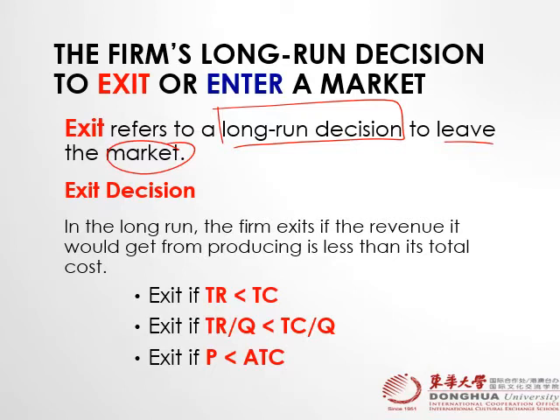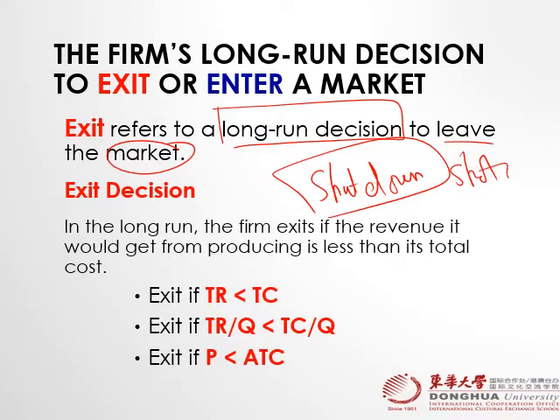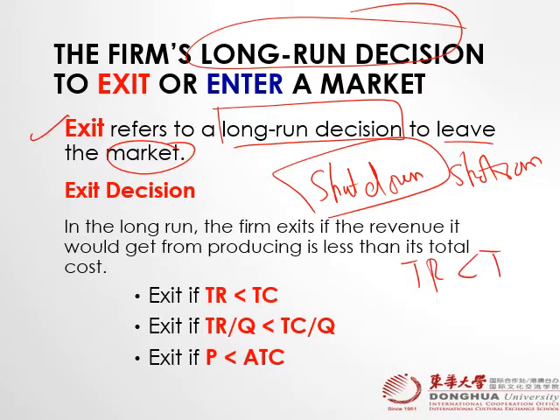So shutdown is, let me just write it down here, a short run strategy, while exit is long run, right? So the opposite of entry is exit, in which total revenue is less than total cost. If you know that for a longer period of time your cost is greater than your total revenue, it is a logical decision that you quit the market. So if you divide this condition by Q, you find that AR is less than ATC.